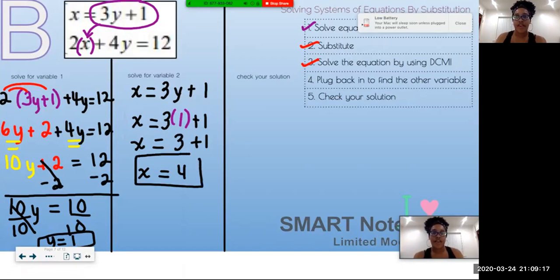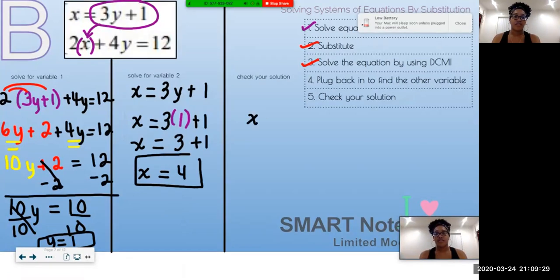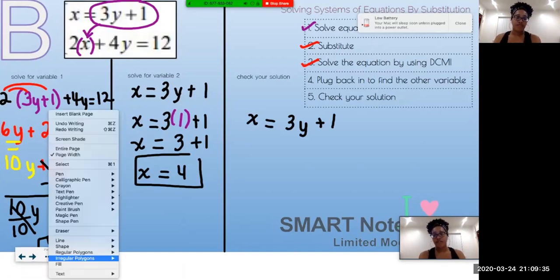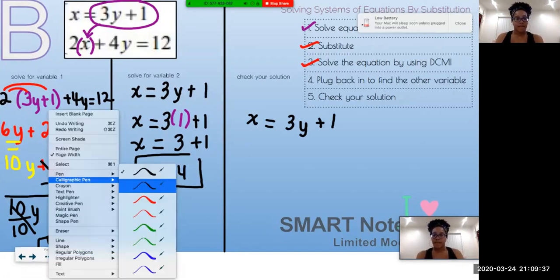And that's that. Now I need to check my solution to make sure that it makes sense. So you take any one of these equations. Again, I'm going to just use the first one, x equals 3y plus 1. And you substitute in your values of x and y.